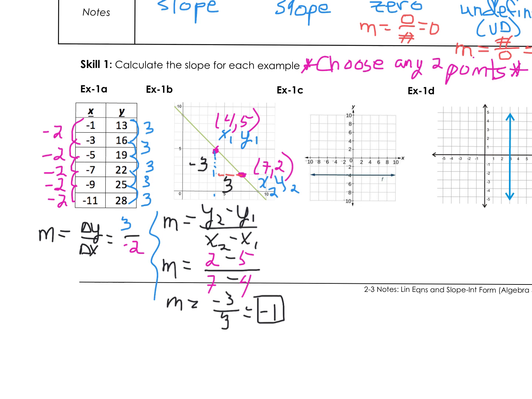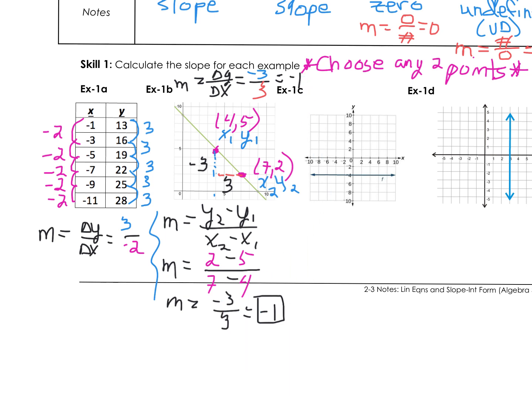And so my slope, which is change in y over change in x, those are triangles, is going to be a negative 3 over positive 3, which gives us a value of negative 1. And isn't that the same value that we came up with down here?